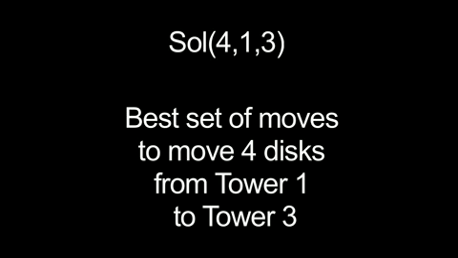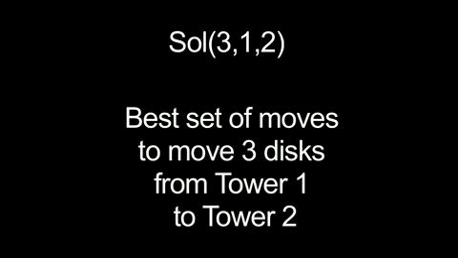And we can write a recursive equation, and we know what that equation is because we have seen how we can delegate authority on down the line. So here it is on your screen right now. The solution for the 4 problem of moving from tower 1 to tower 3 is the solution for the 3 problem moving from 1 to tower 2.